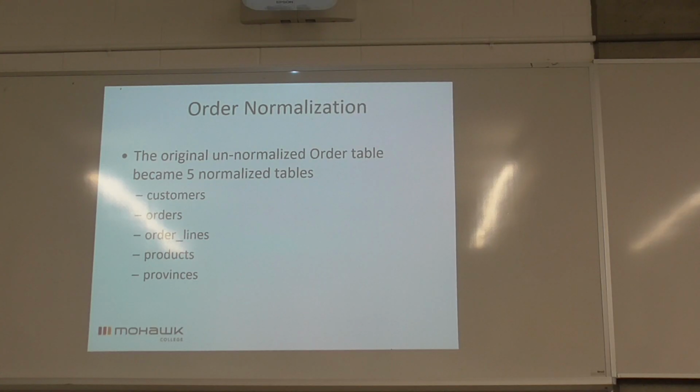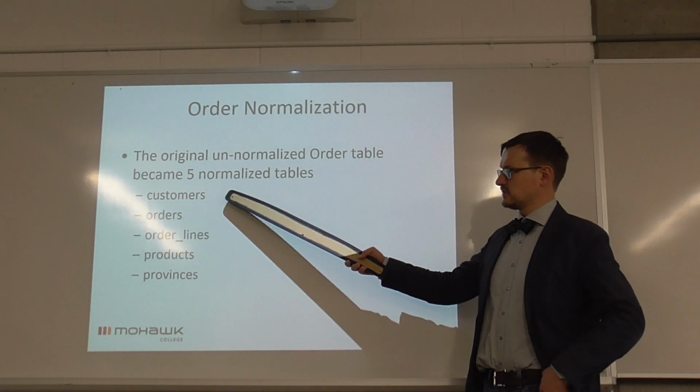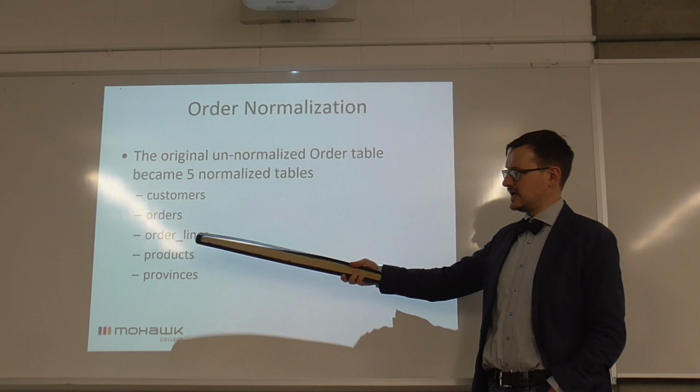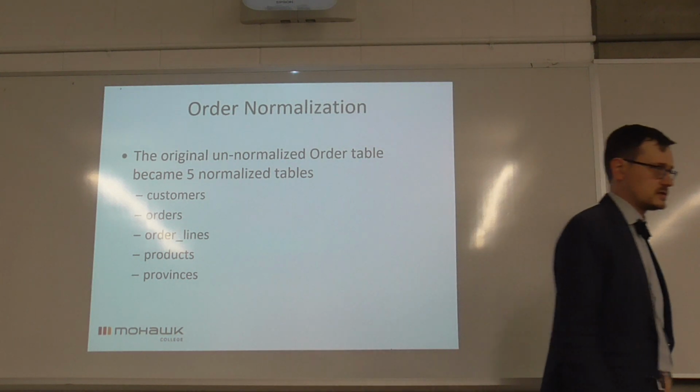The original unnormalized order table has become 5 normalized tables: customers, orders, order lines, products, and provinces.